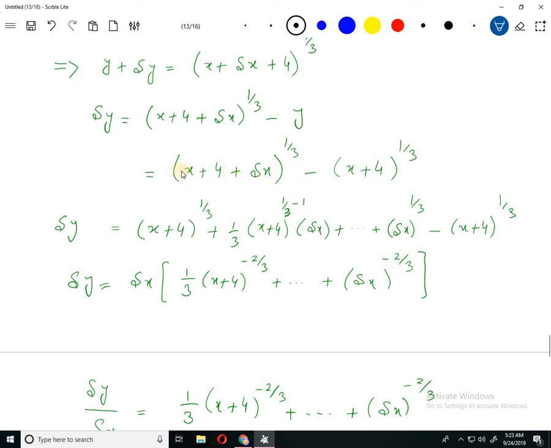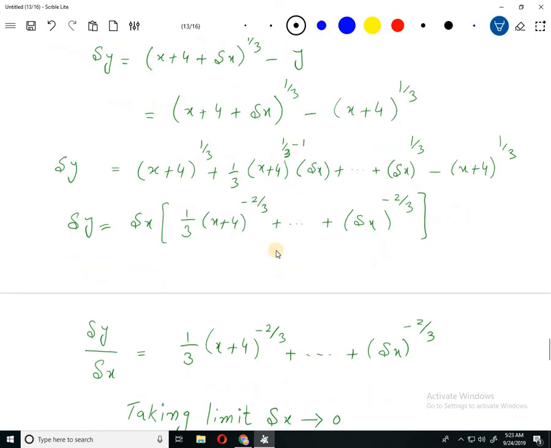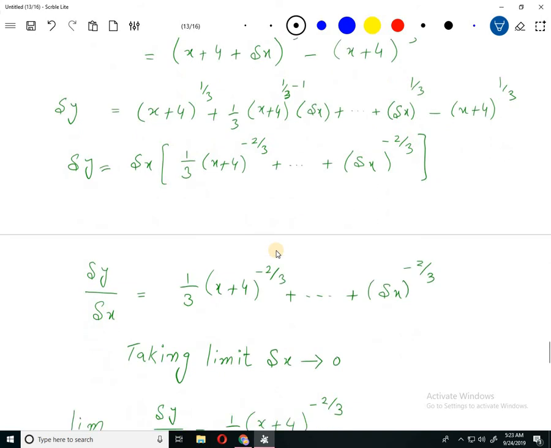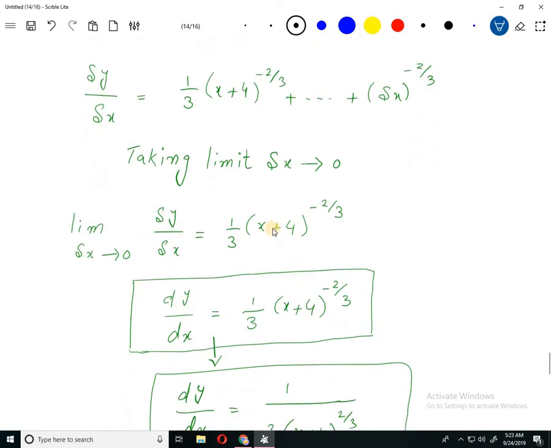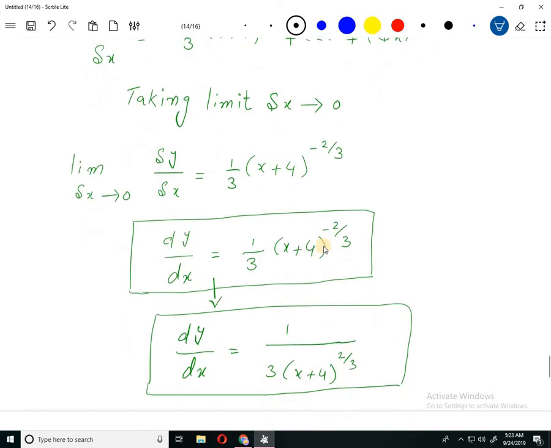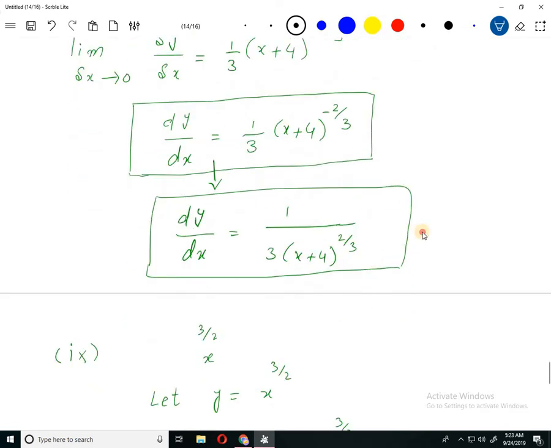I have taken x plus 4 as 1 unit, and I have applied the binomial theorem, and this last term will cancel out with the first one, and from the remaining terms I have taken delta x as a common factor. After dividing by delta x on both sides and taking limit as delta x approaches 0, all the terms involving delta x will become 0, and only the first term will be my answer, and this is the answer for you.